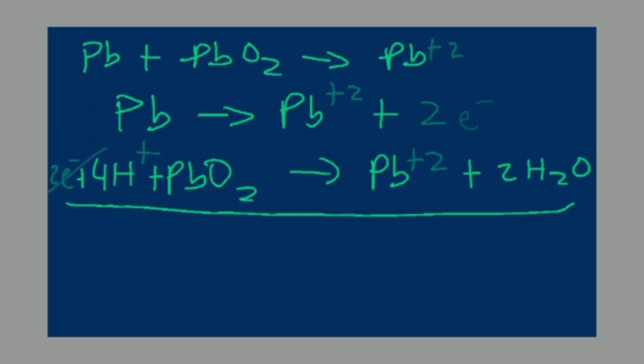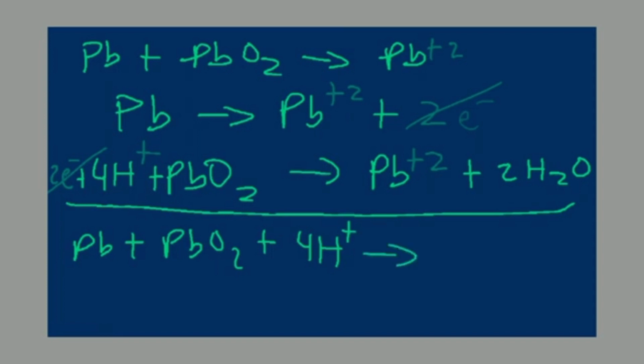So these will cancel. On the left side, we have Pb, PbO2, and H+. So it's going to be lead metal reacting with lead dioxide plus 4H+. You can call this lead 2 oxide. I mean, not lead 2 oxide. I take that back.